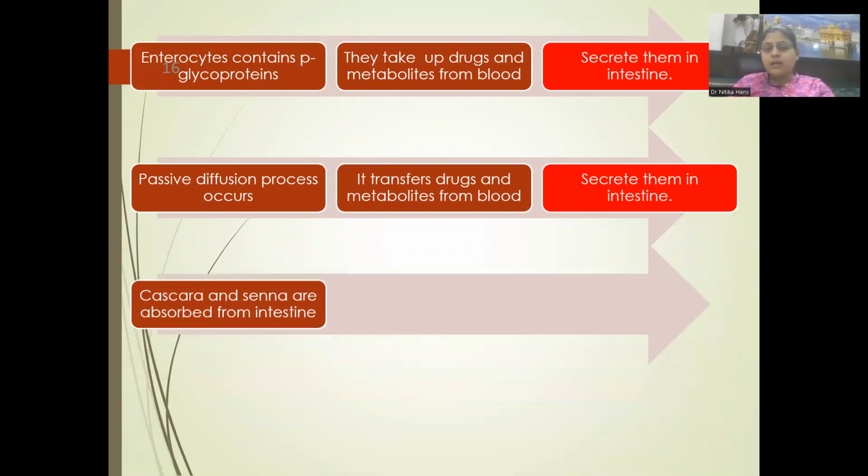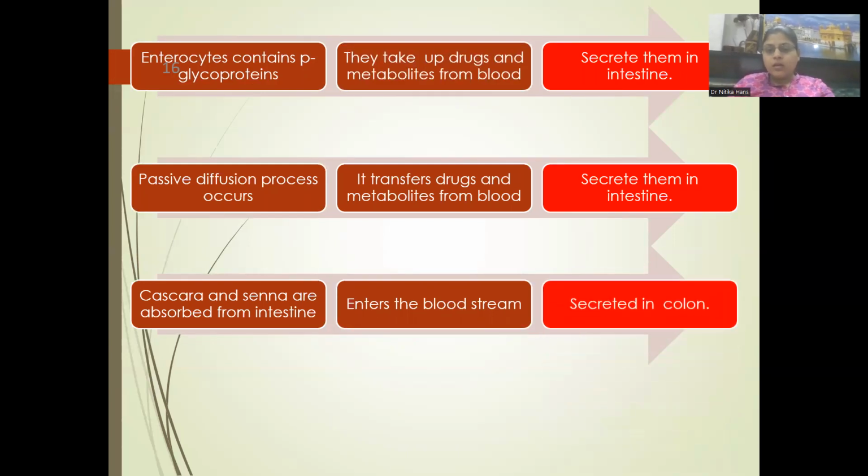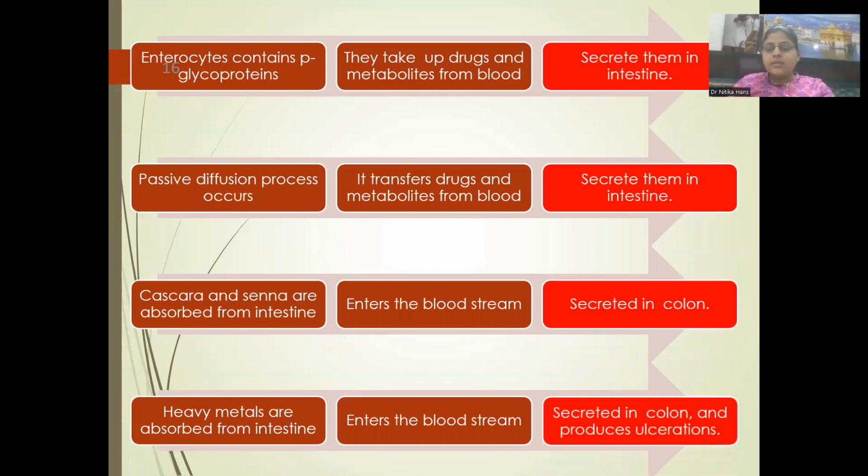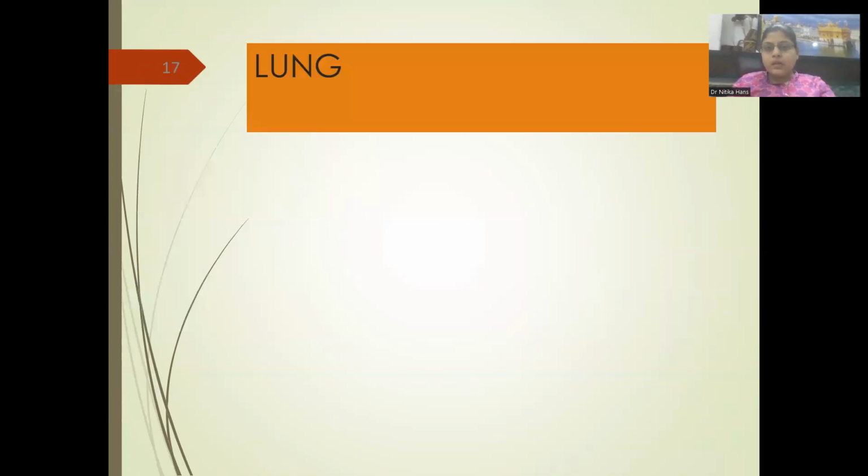Senna and cascara, which are drugs for constipation, are absorbed from the intestine, enter the bloodstream, and are secreted in the colon. Heavy metals are absorbed from the intestine, enter the bloodstream, and are secreted in the colon.